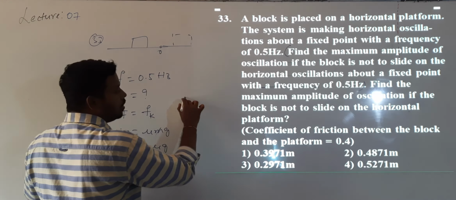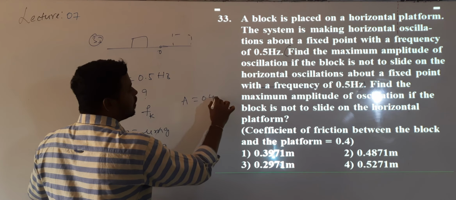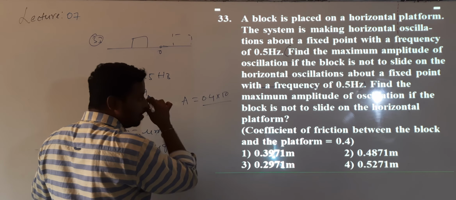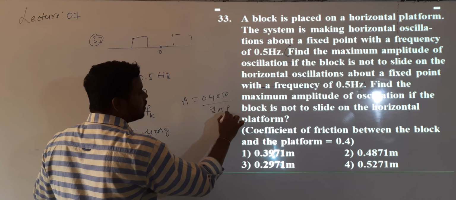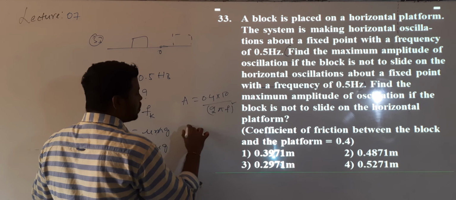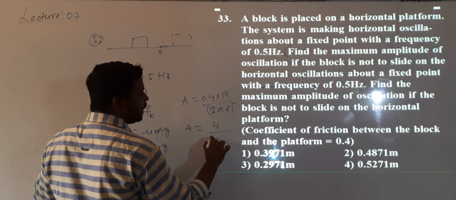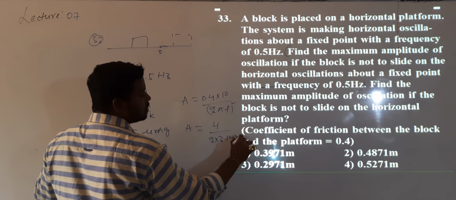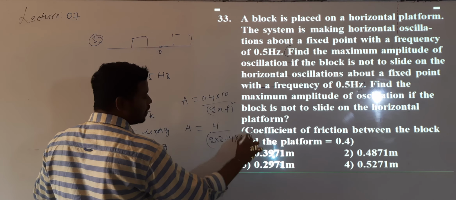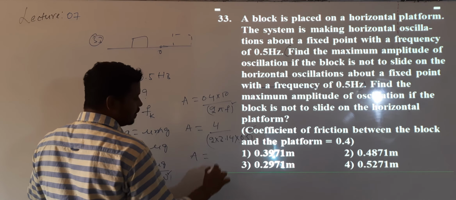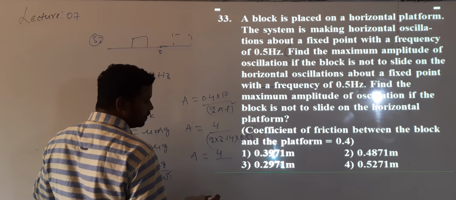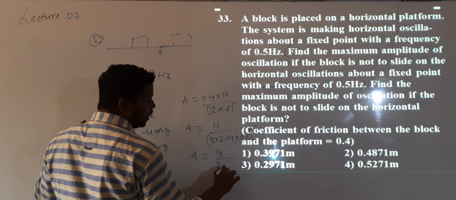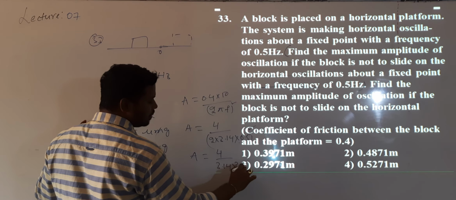So A value, mu value given 0.4 into g value 10 by omega square. Omega can be written as 2 pi f whole square. Correct? So A value is 4 by 2 into 3.14 into f value 0.5 whole square, which is 4 divided by, 0.5 into 2 is 1, that is 3.14 into 3.14.